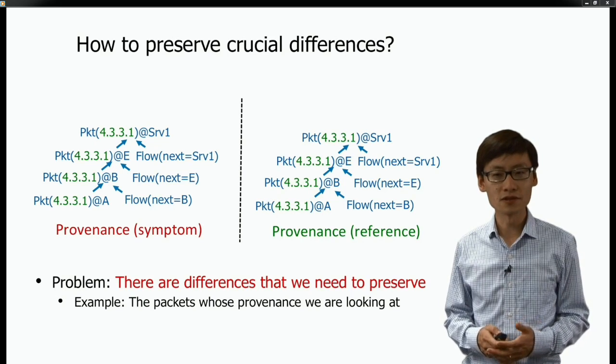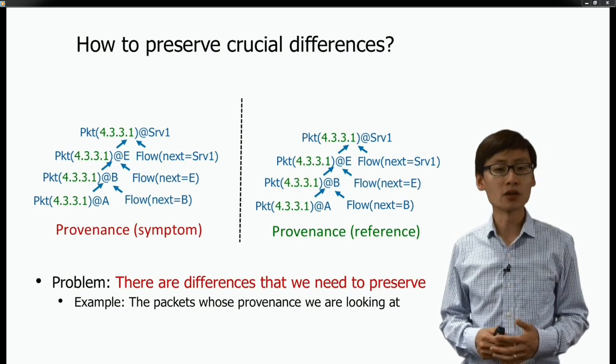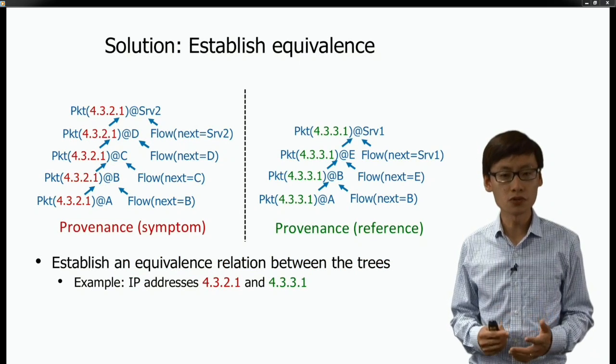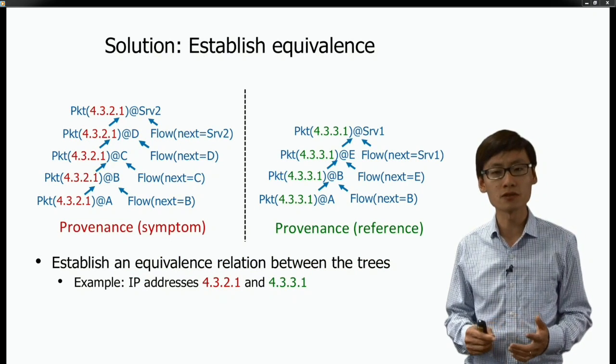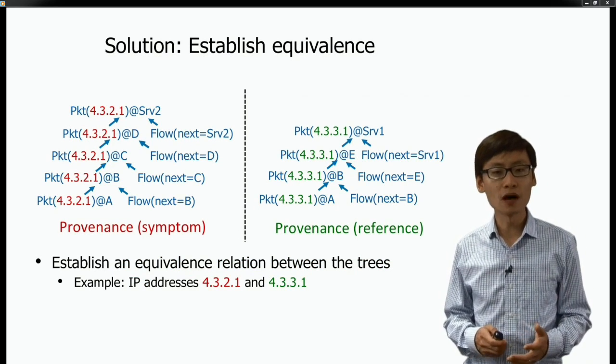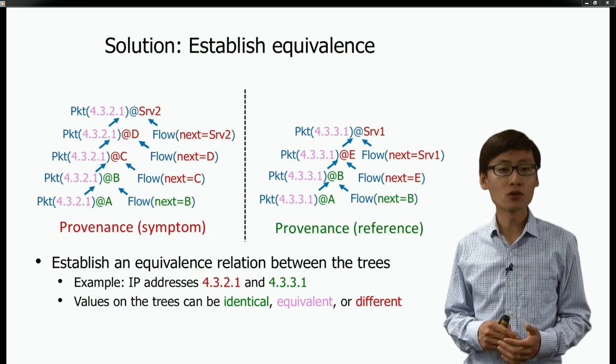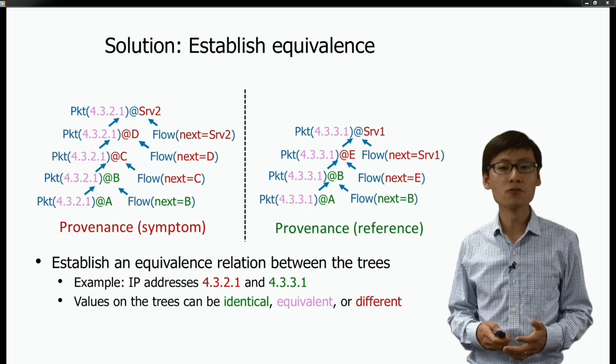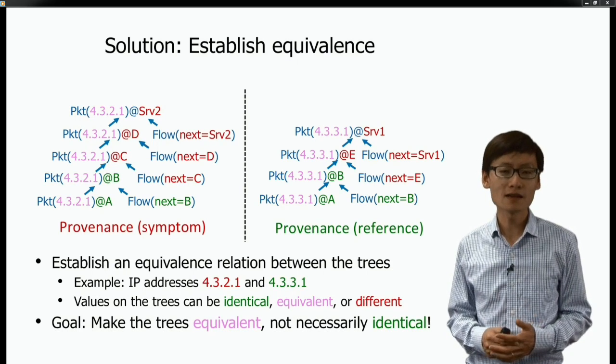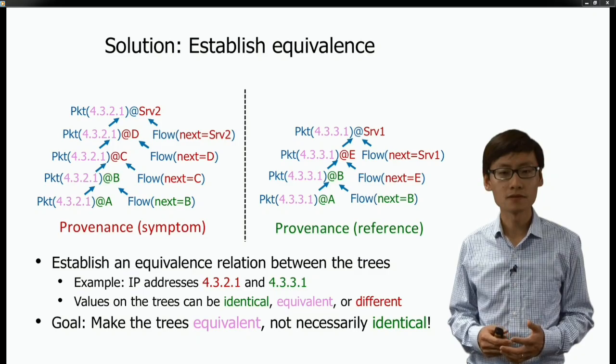And our solution for this is to establish an equivalence to preserve the crucial differences between those provenance trees. So values on the trees could be identical, different, or they could be equivalent. And our goal is to make those trees equivalent, but not necessarily identical.